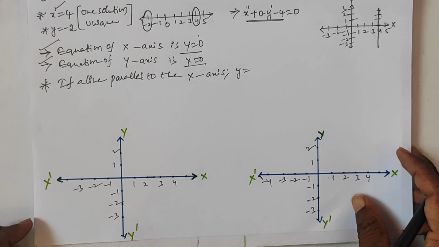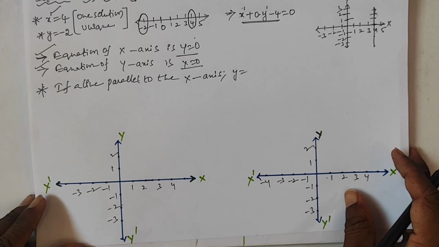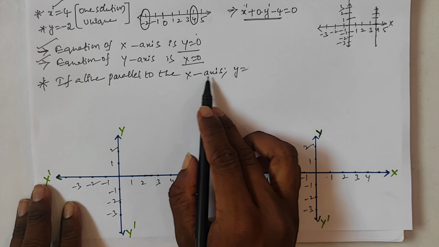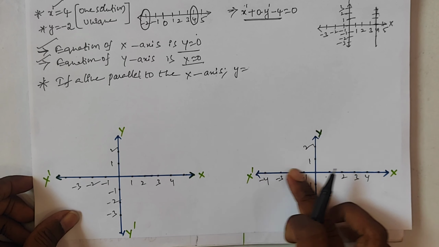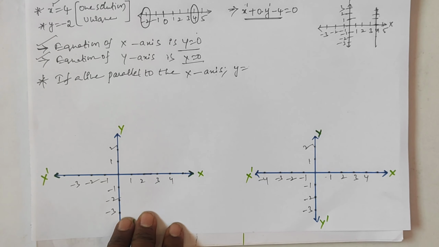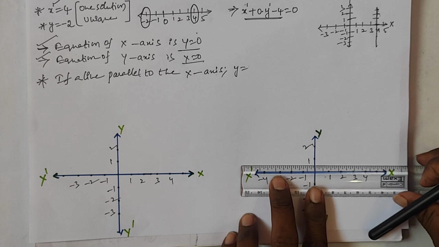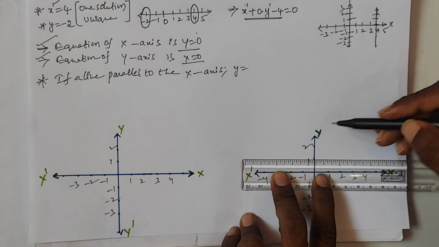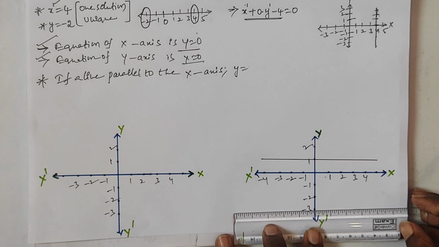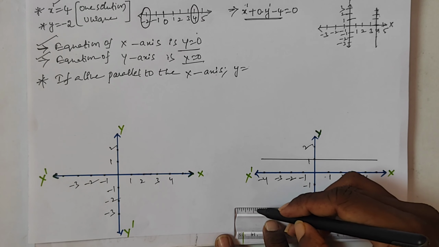On both axes, I'm considering 1 centimeter equal to 1 unit. Now, if a line is parallel to the x-axis, I'm drawing a line parallel to the x-axis here.